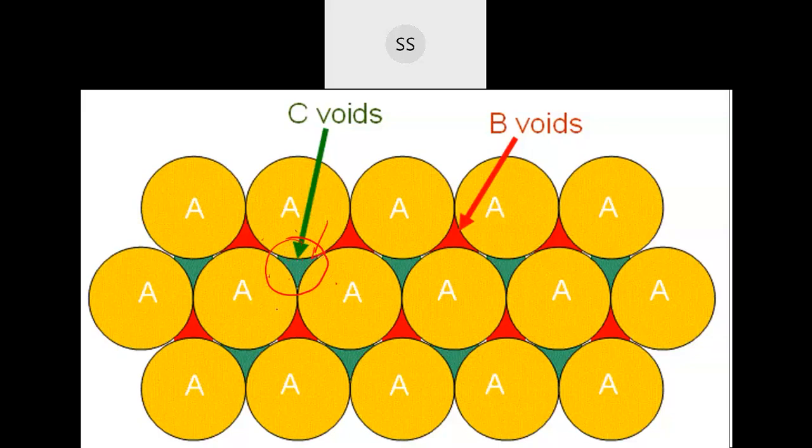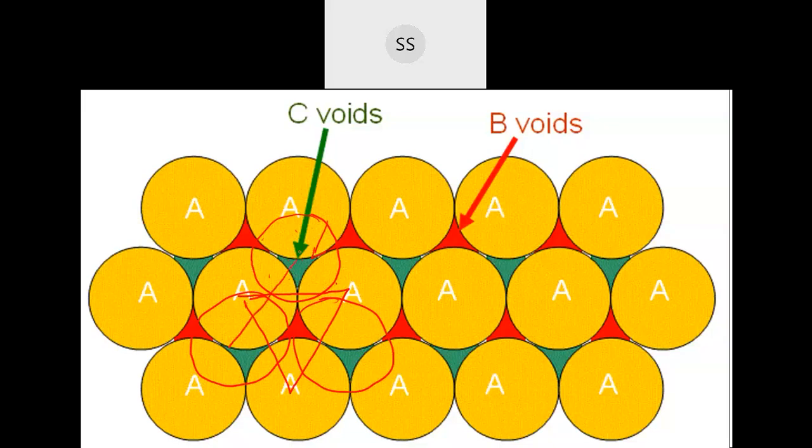Now when I place all these atoms, one over here, then two on this side and three on the other side, another kind of void is also created. You see these three atoms, and then the base ones, the yellow ones, and the red ones which I've drawn upon that.